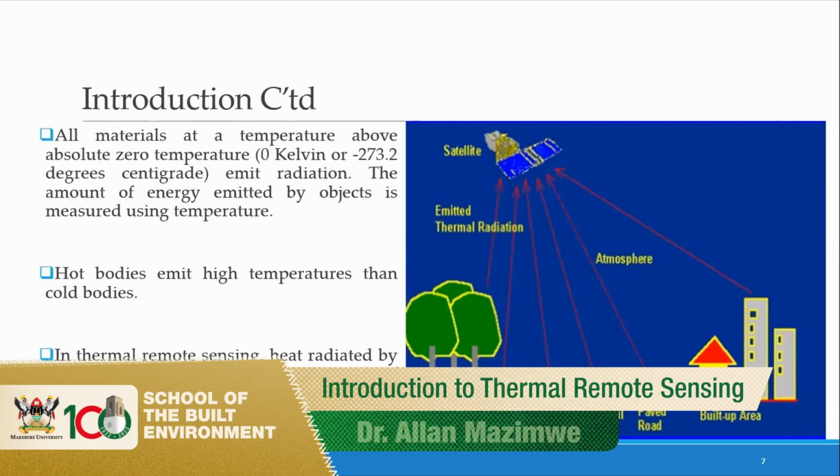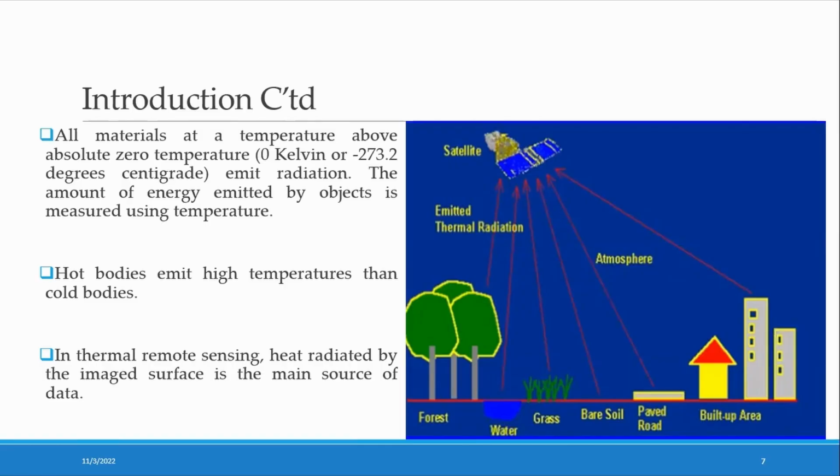Objects or materials that have higher temperatures will emit more radiation as compared to colder bodies. So in thermal remote sensing, we are looking at heat radiated by these surfaces, and it is the main source of data. Like we have said from the start, we are not measuring reflected energy when we talk about thermal remote sensing. We are only looking at energy that is emitted.